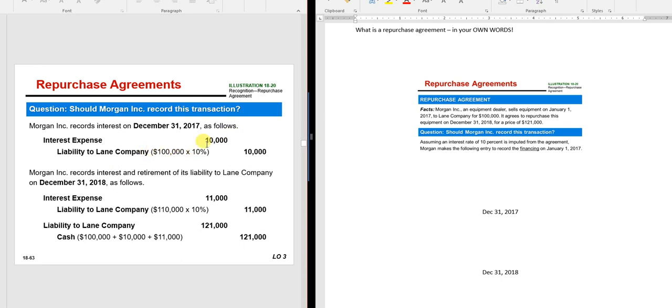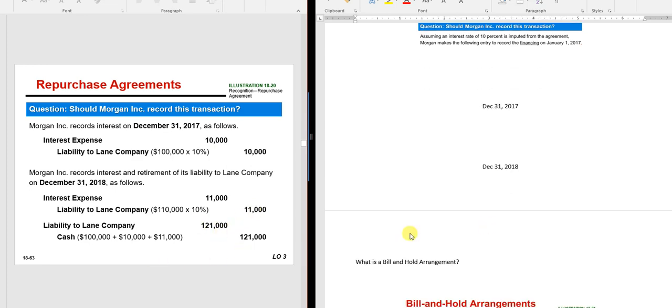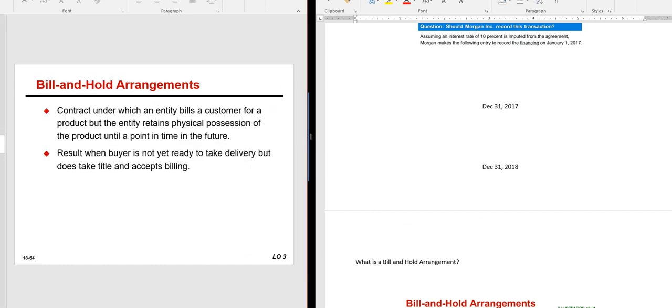And then notice they're not paying it, so I'm going to add it to the liability. And then now my liability is 110,000 times 10%, so it's 11,000, and then I pay it off. Okay, so that's a repurchase agreement. Not that hard, except maybe terminology.